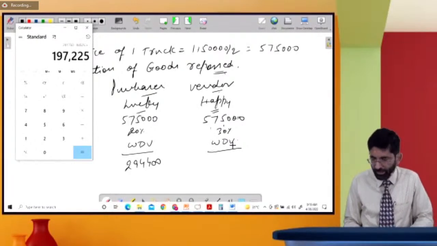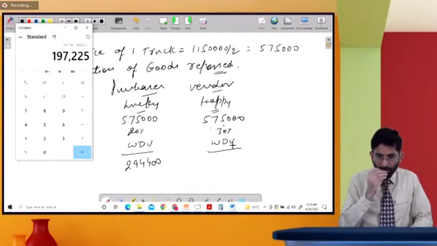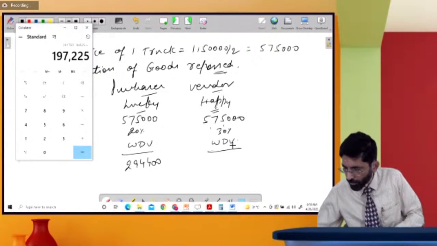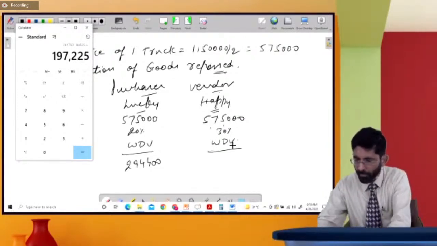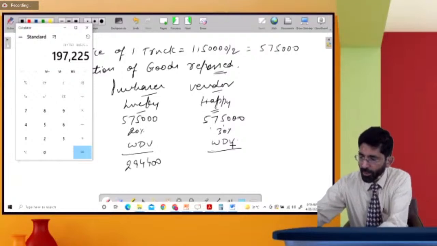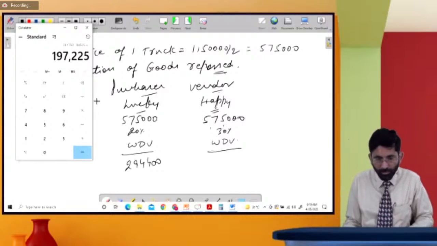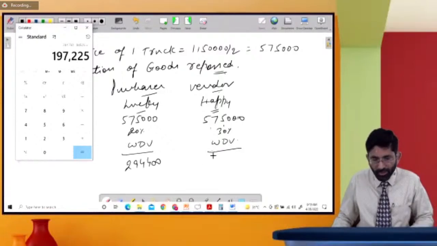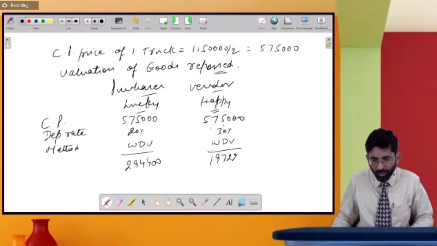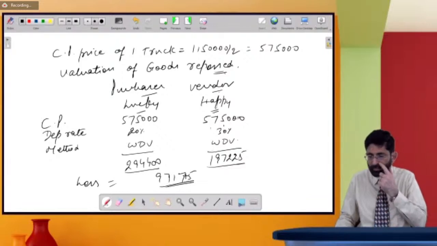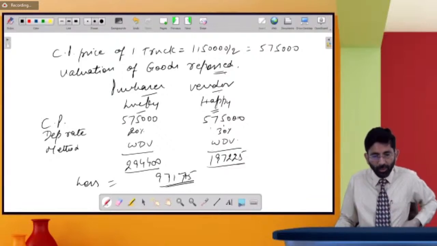Maybe it is 1,97,225. So the difference is your loss, 97,175. Very easy and simple to get it, and entries are already known to you.